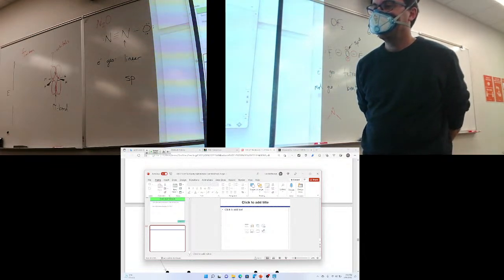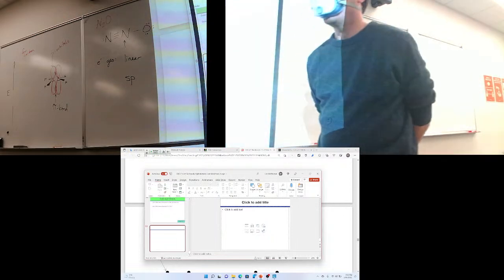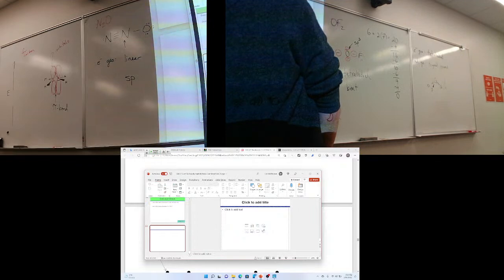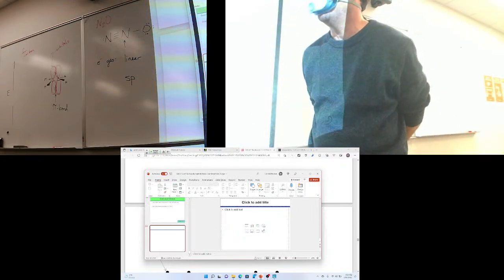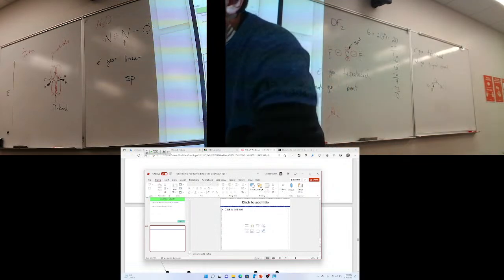Do you label the charges on the drawings or just the Lewis structure? Lewis structure is fine. The drawings are very stylistic, as long as you show the proper shape it's fine. And this one, number 10, I accidentally did twice because I read this wrong. I did it as C-I.